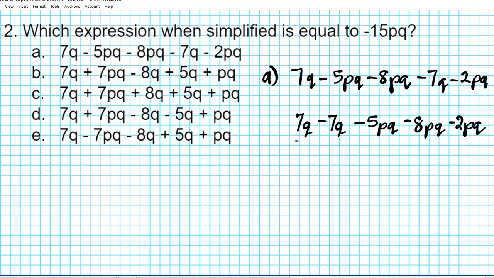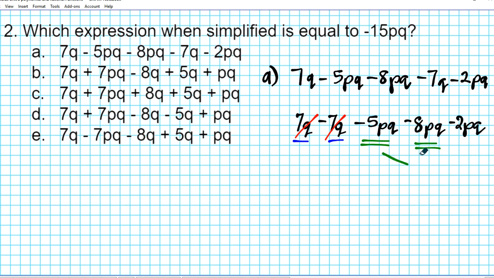Okay, so let's combine positive 7Q minus 7Q. They are opposites of each other, so they add up to 0. And then negative 5PQ minus 8PQ, we can do those two first. So we have negative 5P minus 8P.